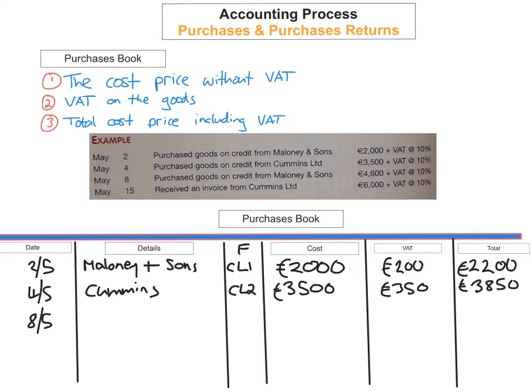The next one is on the 8th of the 5th, and we'll say Maloney and Sons again. That was for 4,600. 10% of that is going to be 460, and the total price is going to be 5,060.